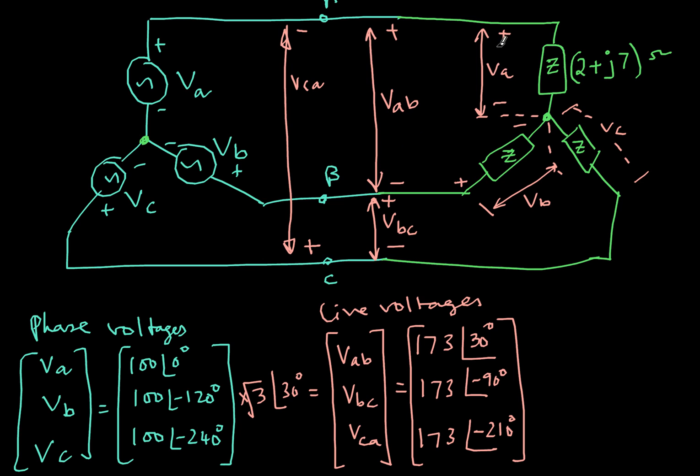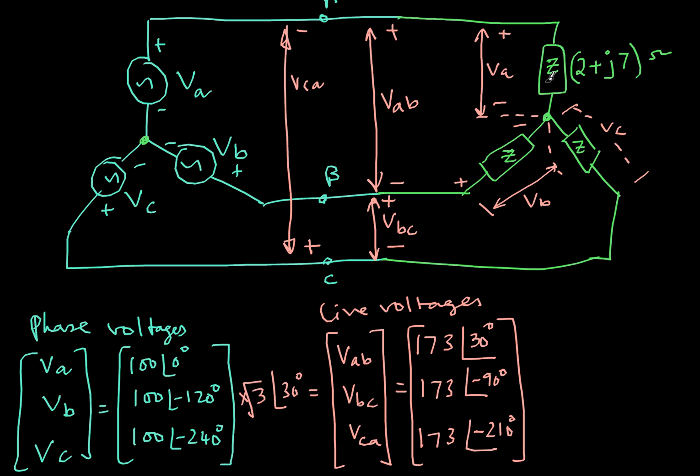So VAB is equal to VA minus VB, I guess. That we have already done here. The same VA will be coming here because everything is symmetrical. So this VA is exactly equal to this VA. This phase of the load will see the same A phase voltage.